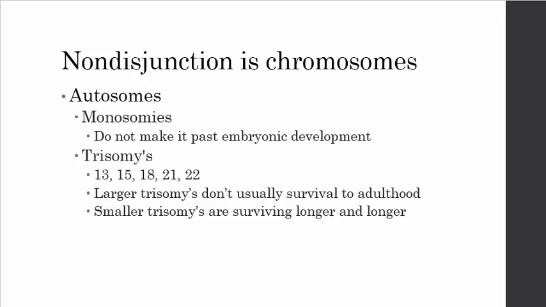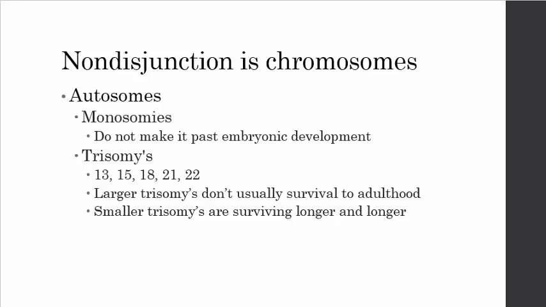Trisomies, on the other hand, are quite different. The trisomies that are known to exist in living individuals are trisomies 13, 15, 18, 21, and 22. The larger trisomies don't usually survive to adulthood.